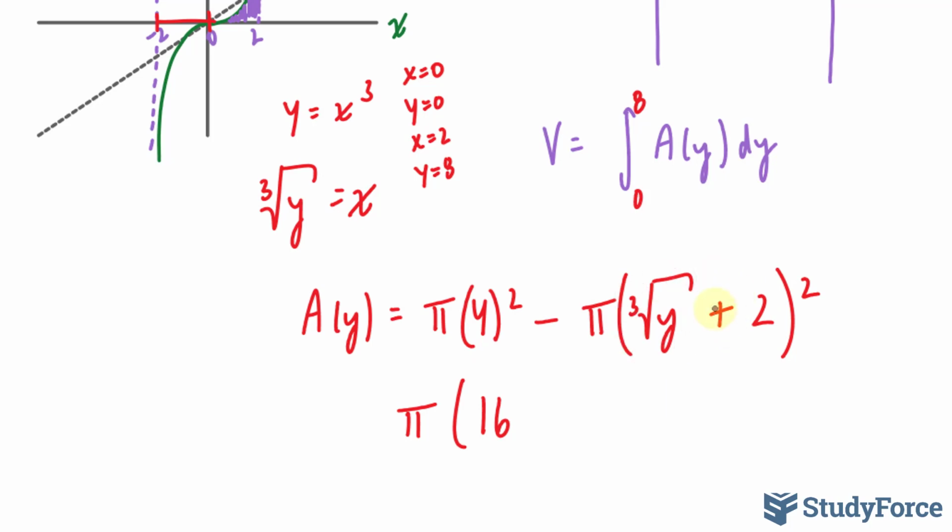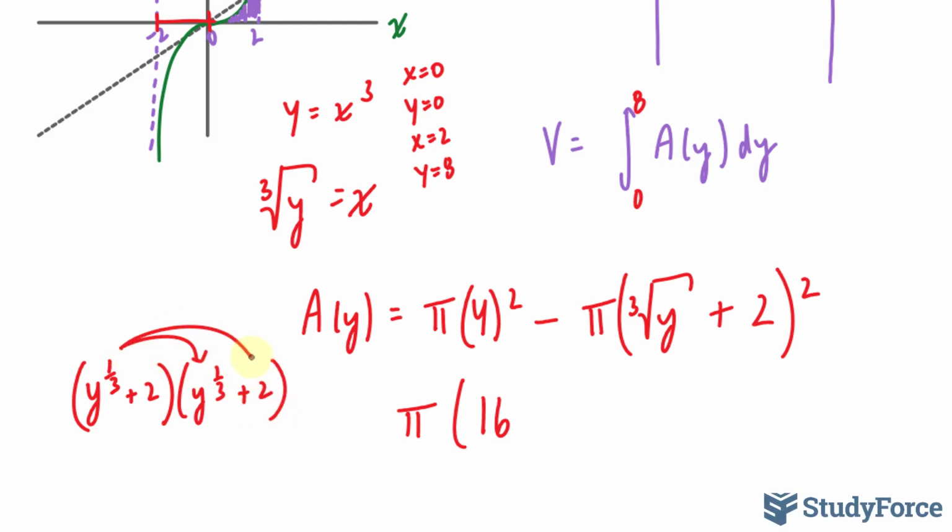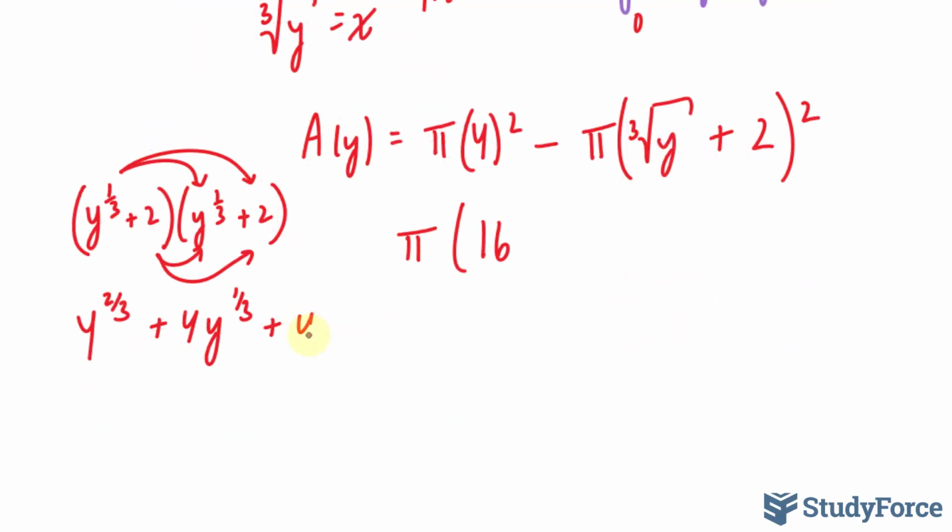And we also have to expand this part, which gets a little messy. To expand this part, you will have to rewrite it. It's a binomial: y to the power of a third plus 2 times y to the power of a third plus 2. If you expand this, you should end up with the expression written below. And I'm going to substitute this expression into here.